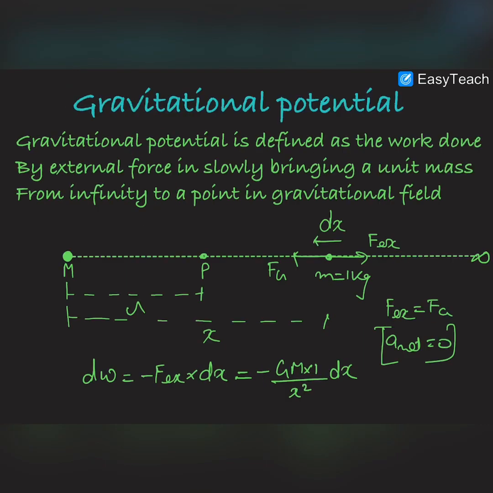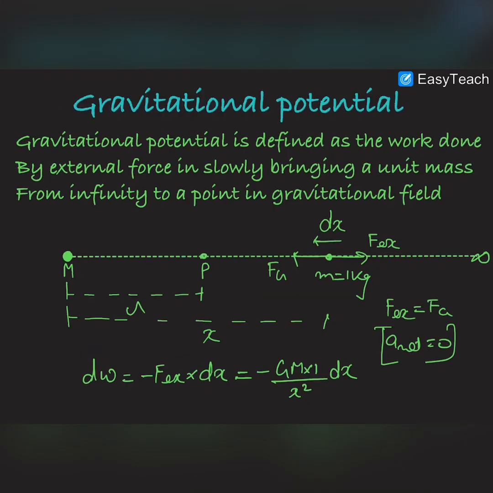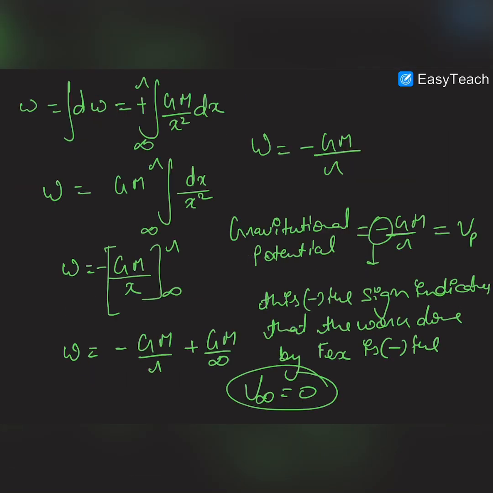You can see that we have defined the potential minus GM by r as the potential at the point P. So gravitational potential is defined for a point, and it is not defined for a system. It would have no meaning to say that the gravitational potential of this system is minus GM by r.